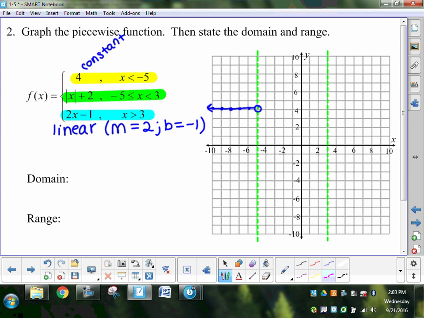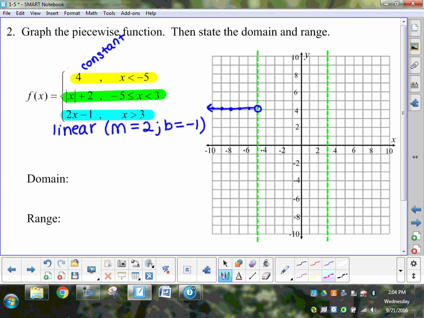The problem is it doesn't get graphed in this area, so just put your pencil there and then go rise over right, not included. Rise over right, not included. Rise over right, this is included. Is it an open or closed circle? It's an open one to start, and then from here I go rise over right, because that's what it's going to look like for x's that are greater than 3.